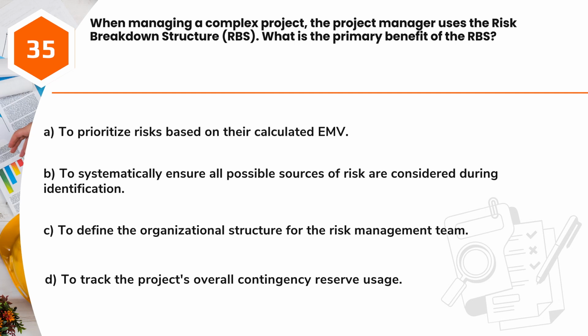Question 35. When managing a complex project, the project manager uses the risk breakdown structure, RBS. What is the primary benefit of the RBS? A. To prioritize risks based on their calculated EMV. B. To systematically ensure all possible sources of risk are considered during identification. C. To define the organizational structure for the risk management team. D. To track the project's overall contingency reserve usage.